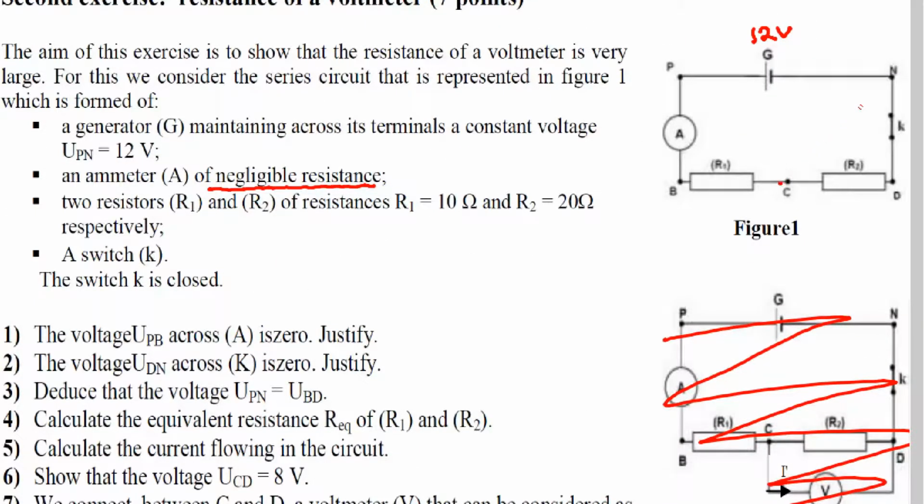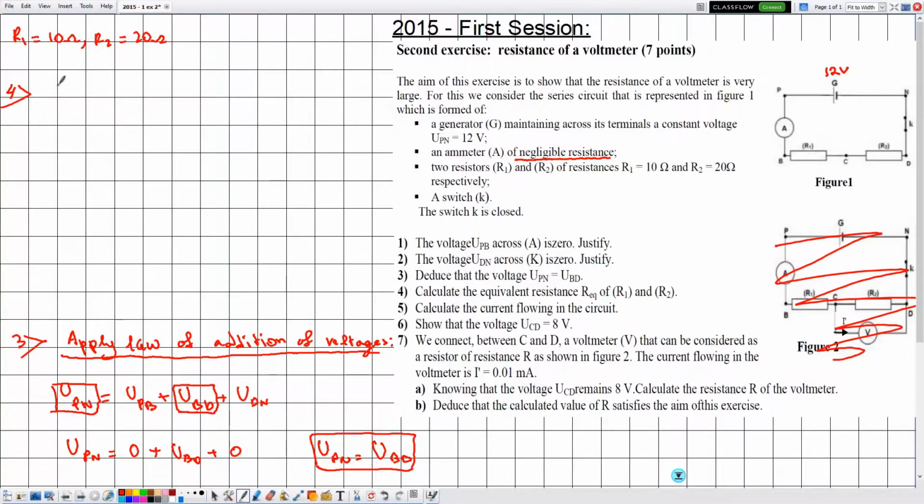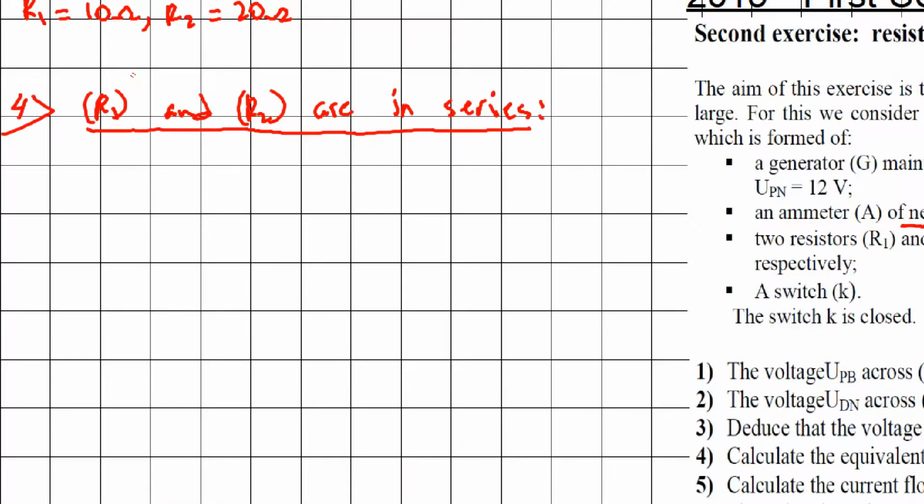Notice that here R1 and R2 are in series because they have one terminal in common. Let's mention that R1 and R2 are in series. For this statement they give half a mark, so this is important.